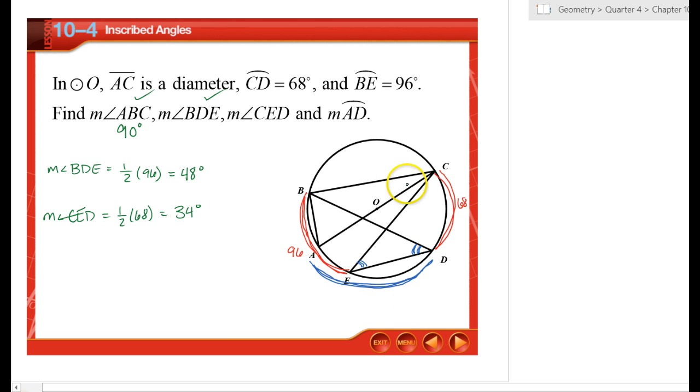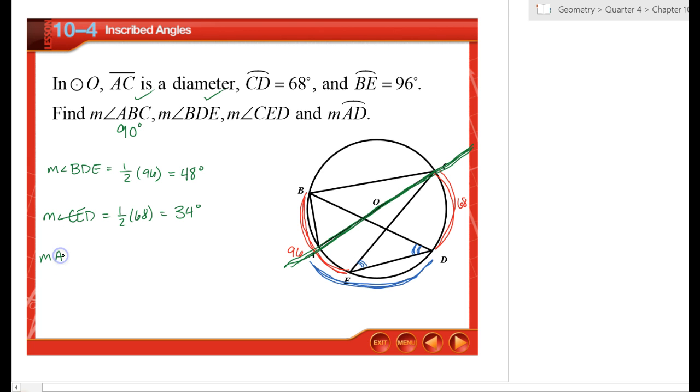But what I do notice is that I know CD, and I can see that CD plus AD has to equal 180 because it's marked off by my diameter.